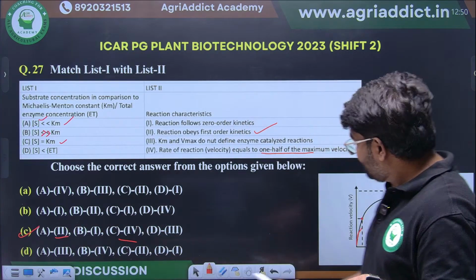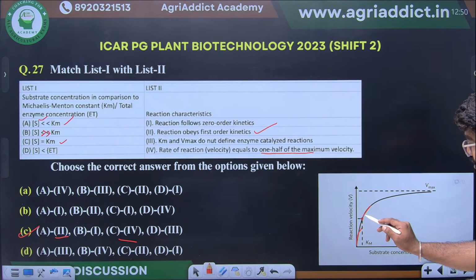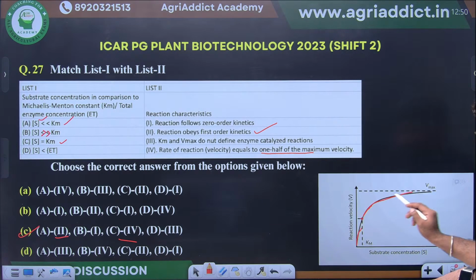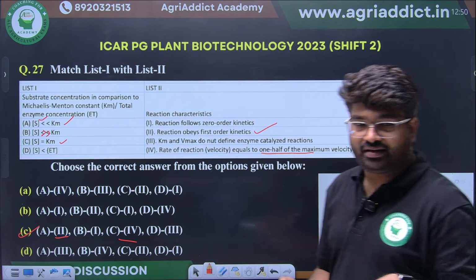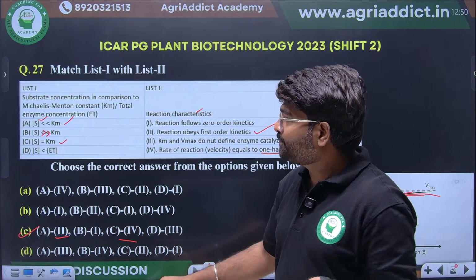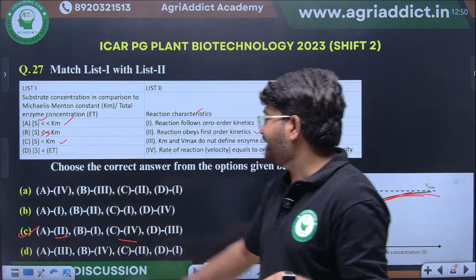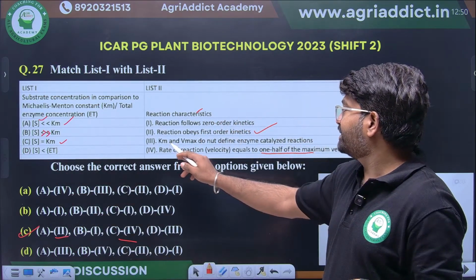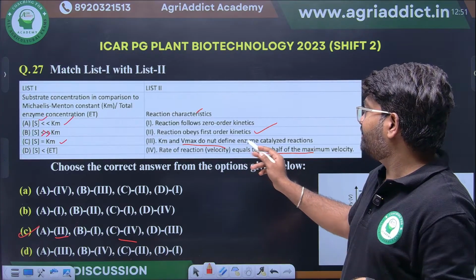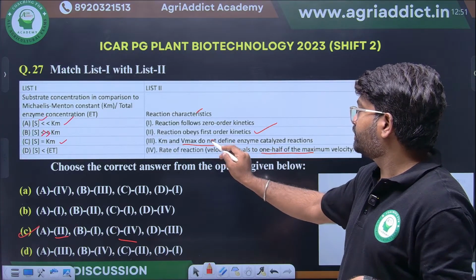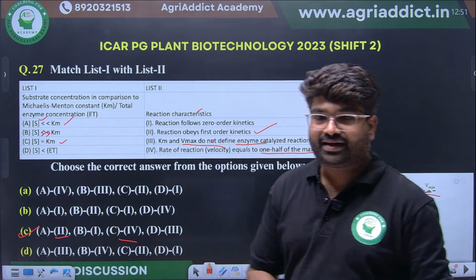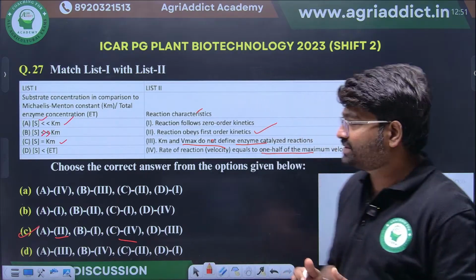If substrate concentration is much greater than Km, this will follow zero order kinetics. This is also clear. Km and Vmax do not define the enzyme catalyzed reaction. Yes, very good. The answer came: 2143.